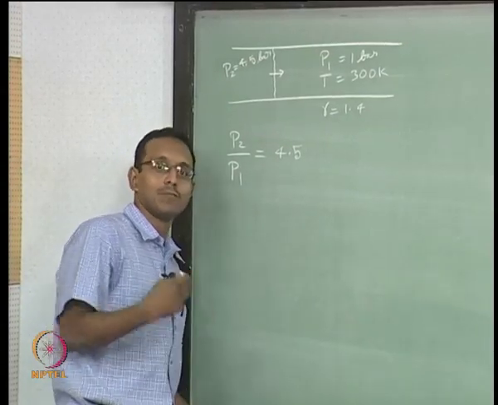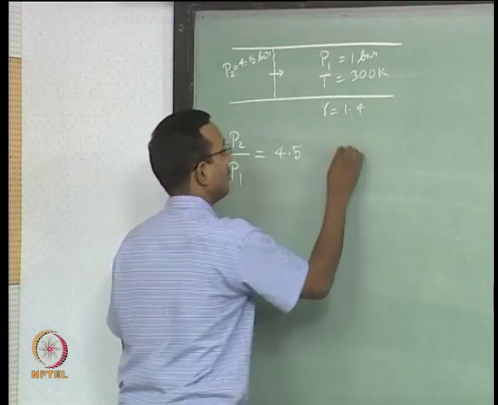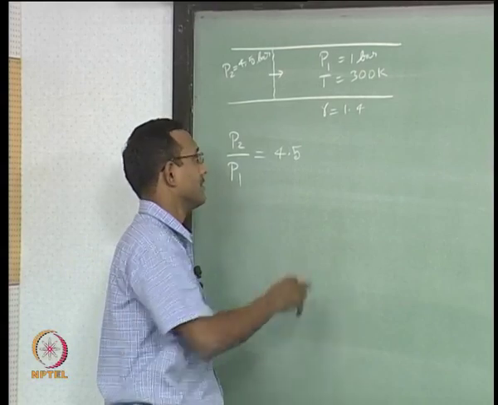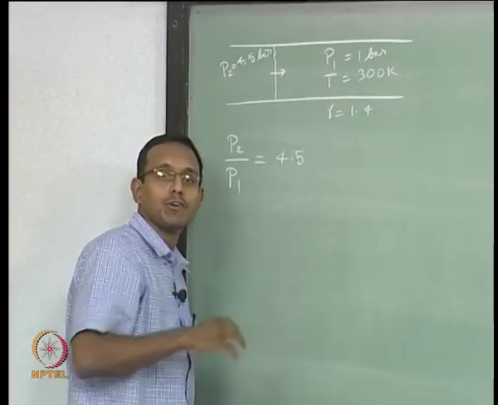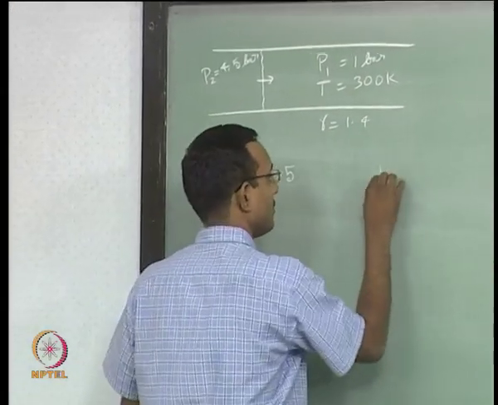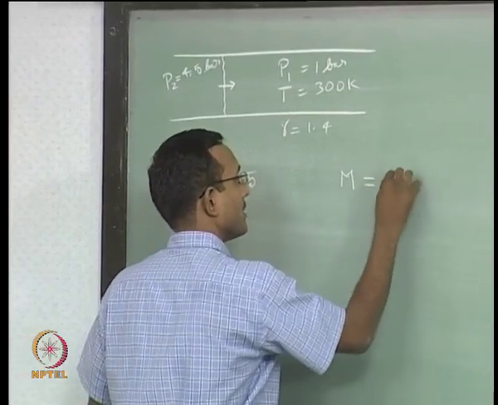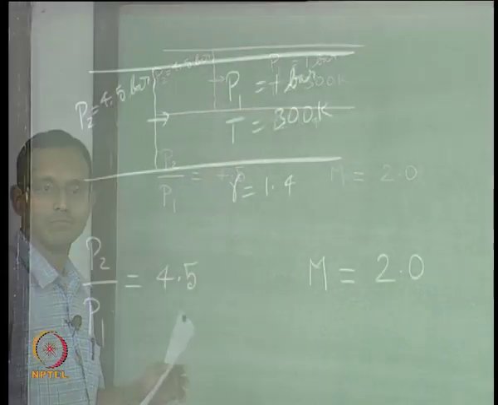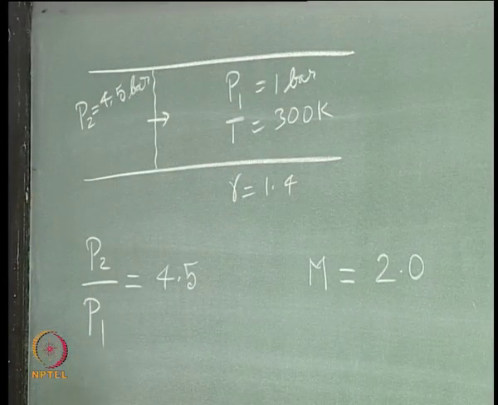Now, I will go to my normal shock tables and look at the gamma equal to 1.4 page, and we will find that P2 by P1 equal to 4.5 occurs for Mach number equal to 2.0, basically a Mach 2 shock. Okay. So, now we have shock strength.